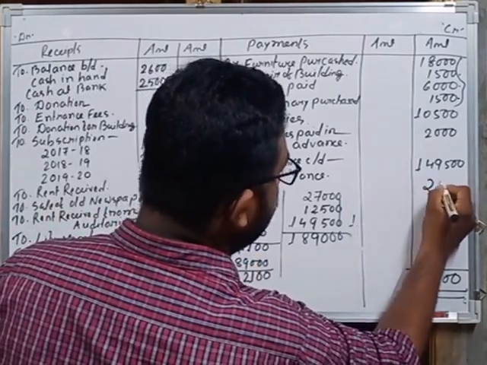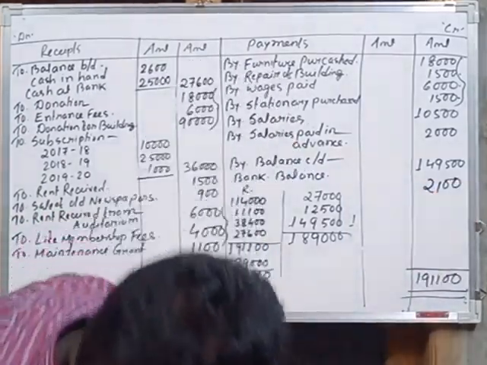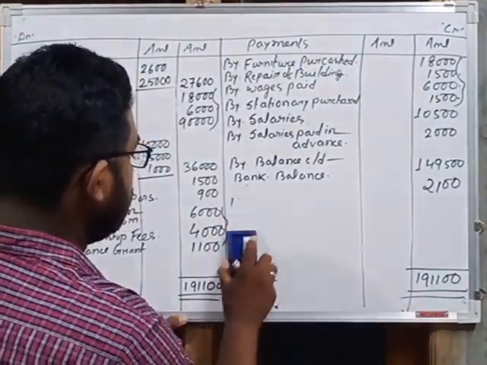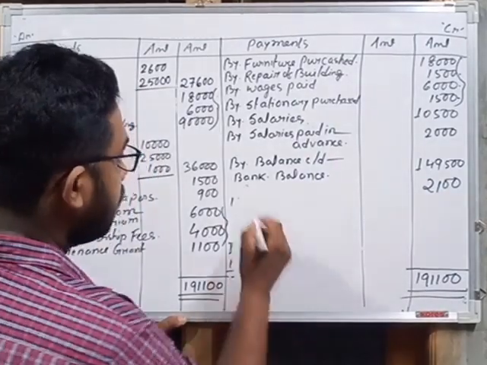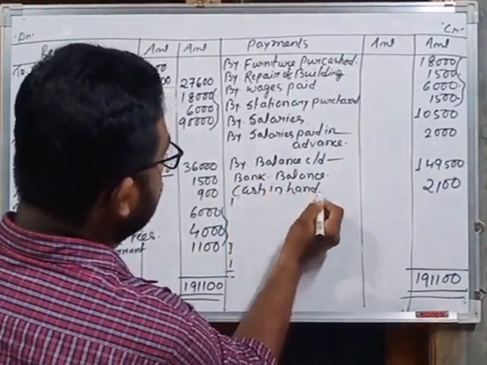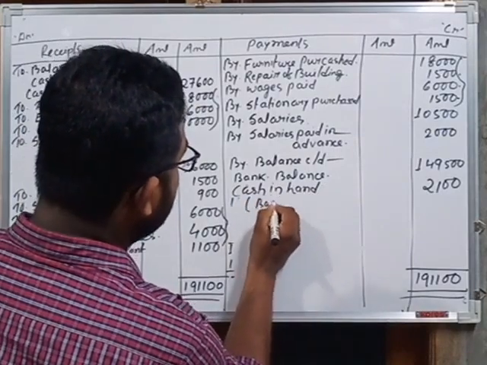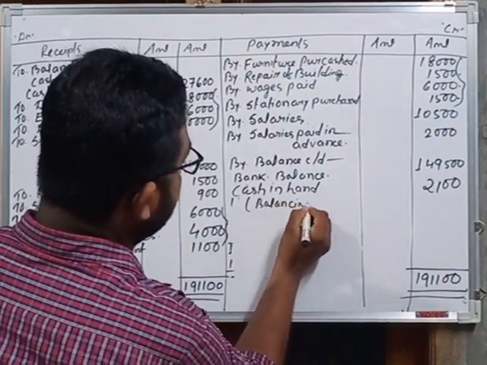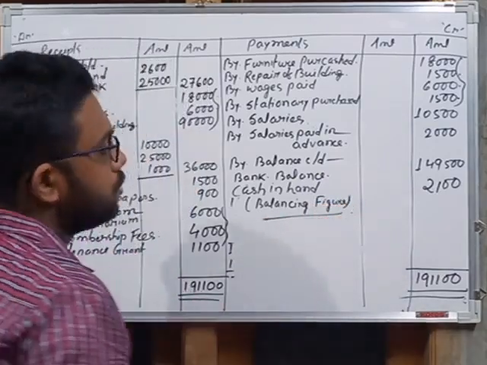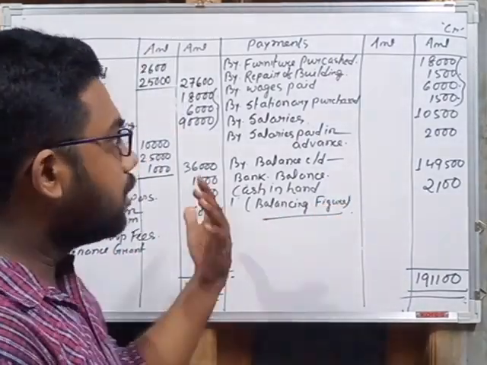So 2,100 is the difference, and this difference is called cash in hand, and in bracket we have to write balancing figure. Okay, so this is the solution of our question.